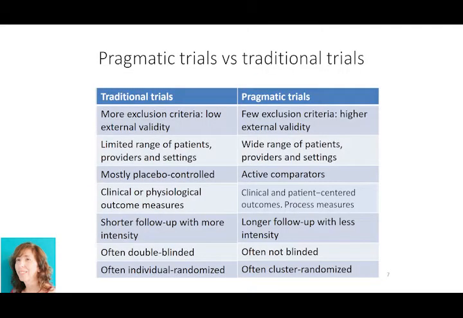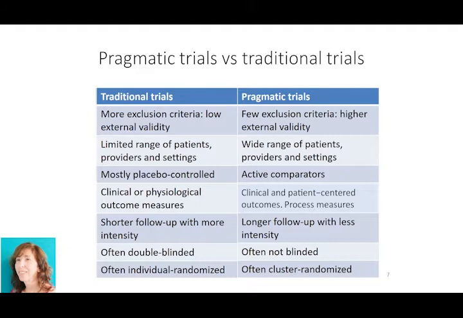An important point that I would like to highlight now is that when we talk about randomized controlled trials in implementation research, in general we refer to pragmatic trials. And what's the difference between, let's say, more traditional explanatory trials and more pragmatic trials?